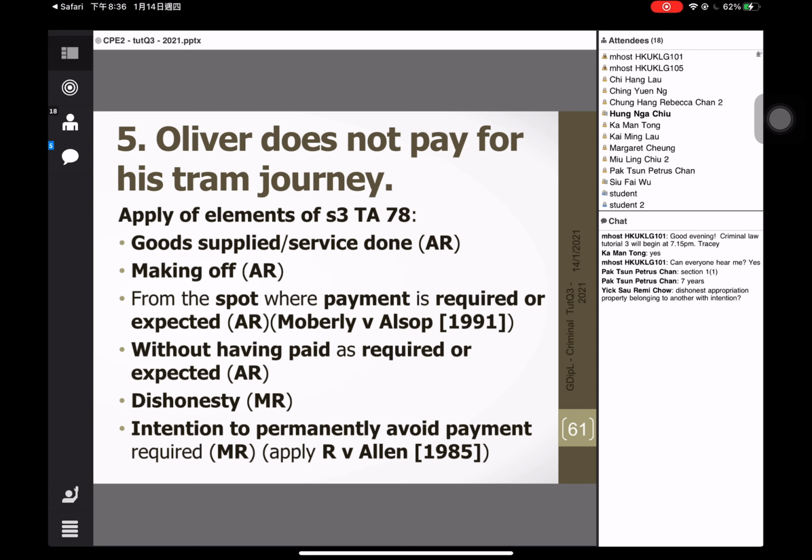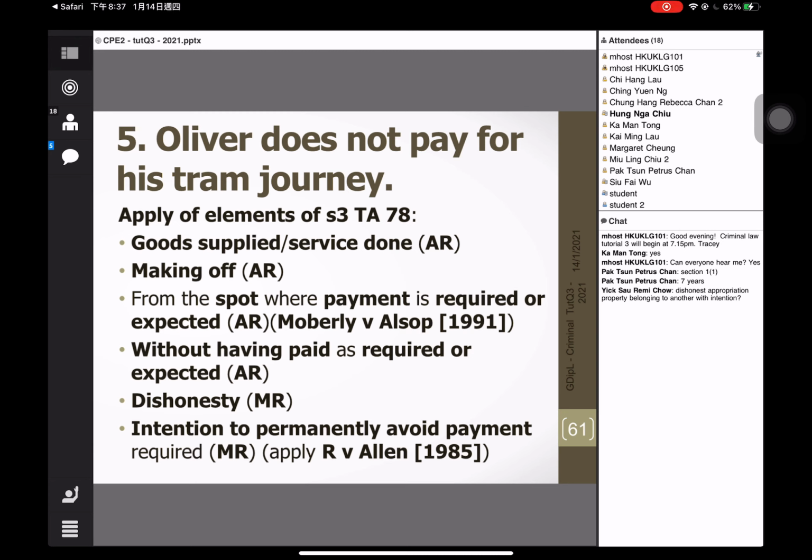So goods supplied, so grocery items, making off, well, he's made off from the spot where payment is required or expected without having paid as required or expected. But the only problem is, at the time, at the spot, he wasn't dishonest and he didn't intend to permanently deprive the owner of it.